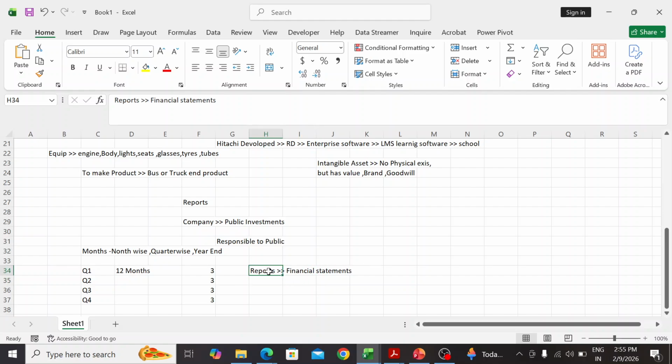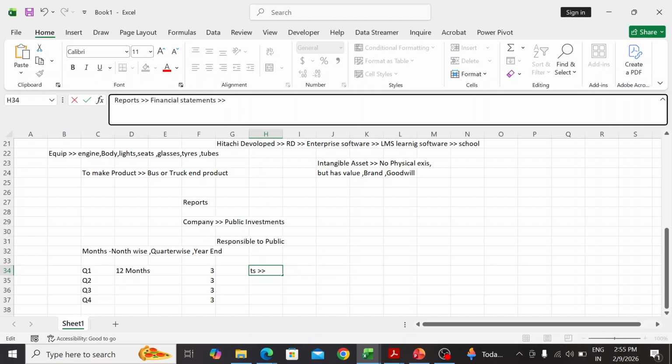If you ask me specifically what financial statements mean, in simple words, it is nothing but the profit and loss statement, or profit and loss account, and balance sheet and cash flow statement.